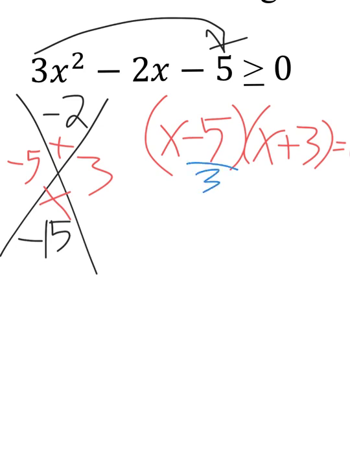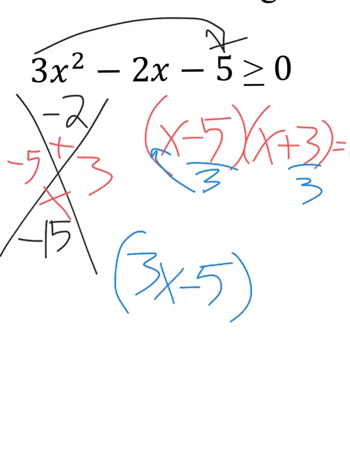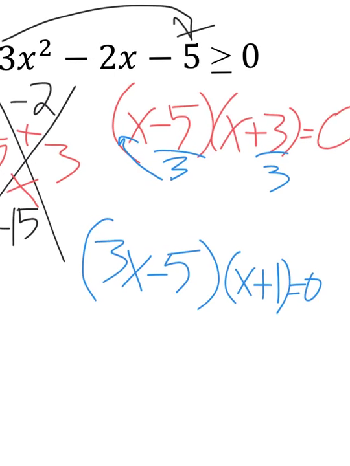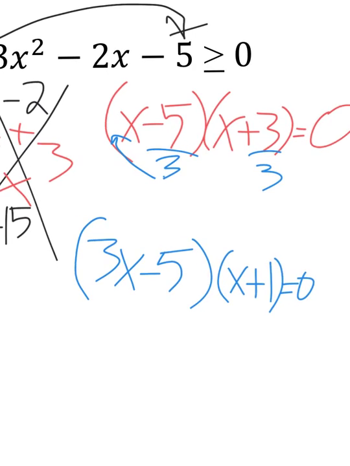So I'm going to divide each by 3. And so this one makes 5 over 3, so that means I'm going to have to send that to the front. So it says 3x minus 5. And then 3 divided by 3 makes 1, so x plus 1 equals 0. All right, so now I have it correctly factored.